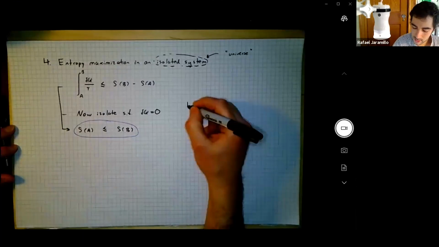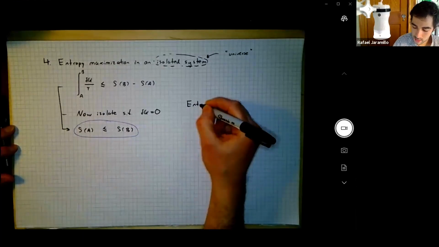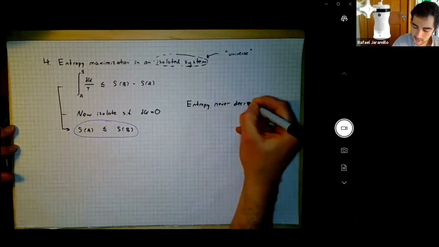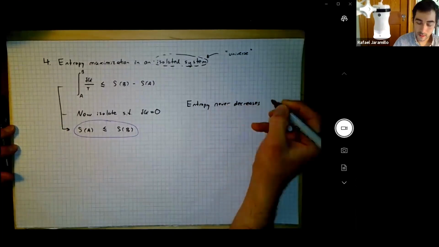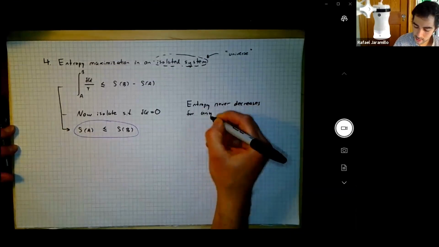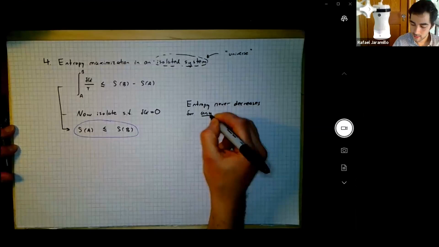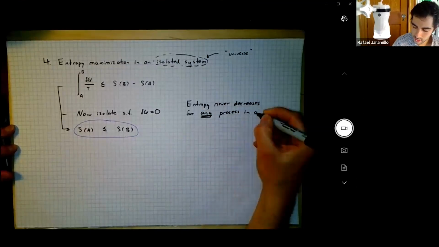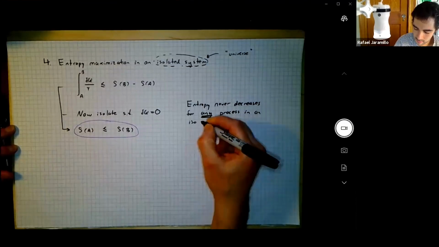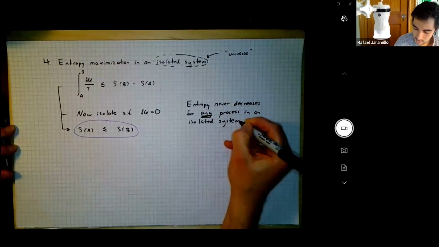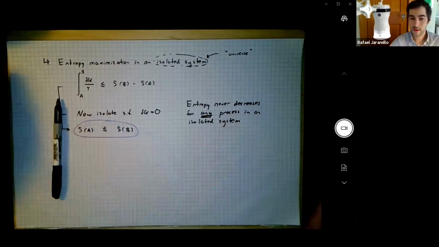Entropy never decreases for any process in an isolated system. That's what we just found.